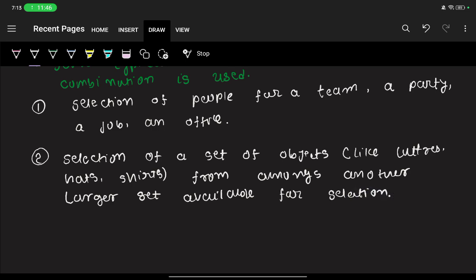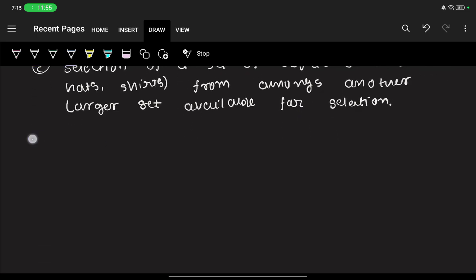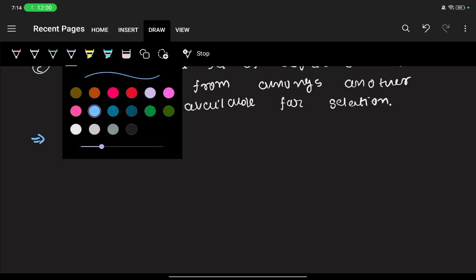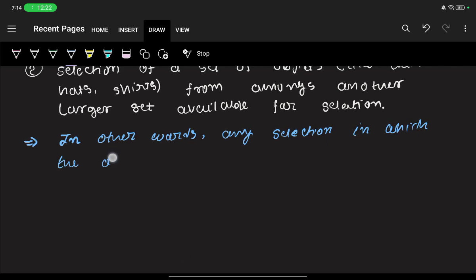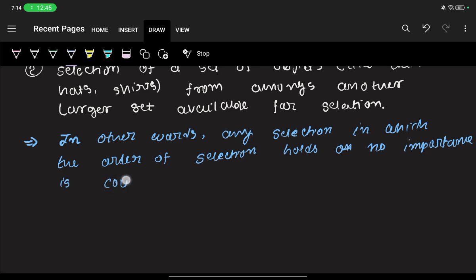So, in other words, any selection in which the order of selection holds no importance is counted by using combinations.